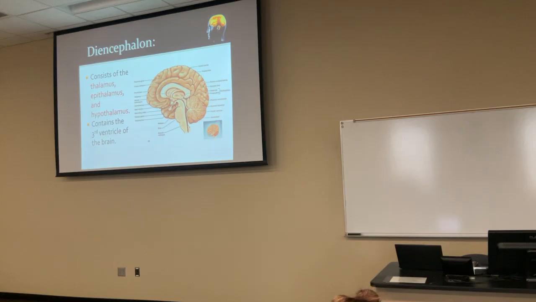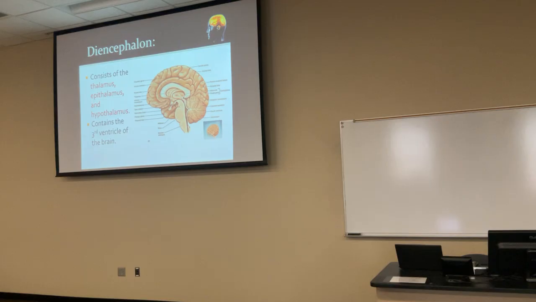And so this whole area here surrounding the thalamus is filled with fluid, and that space is called the third ventricle. And there's actually a little mass of blood vessels. It's not shown on this diagram, but right below the epithalamus, there's a little mass of blood vessels that secretes the cerebral spinal fluid into the third ventricle.